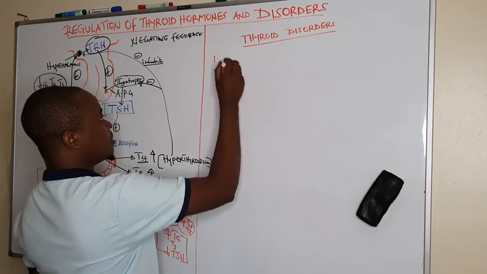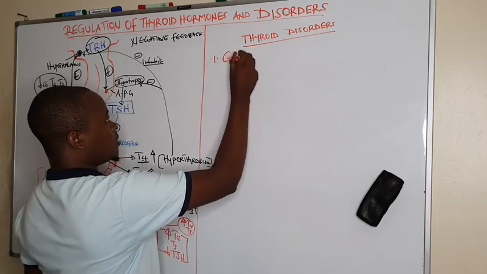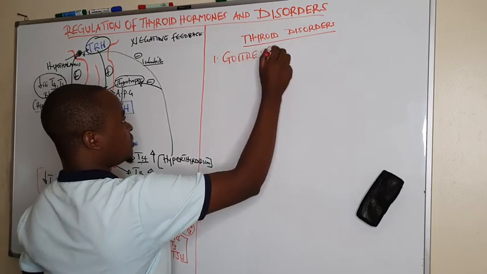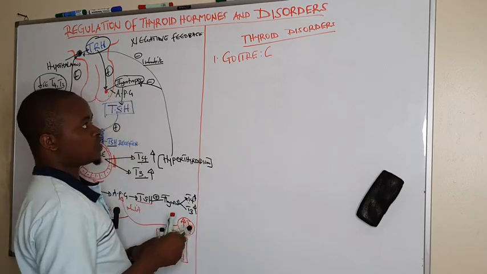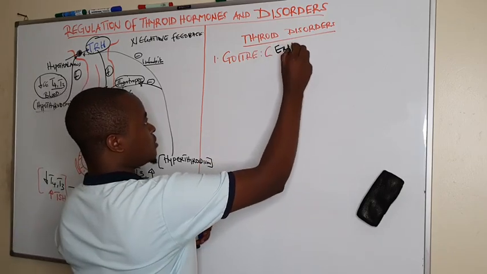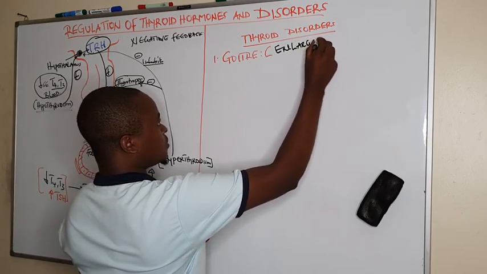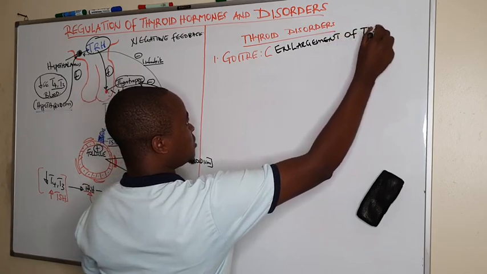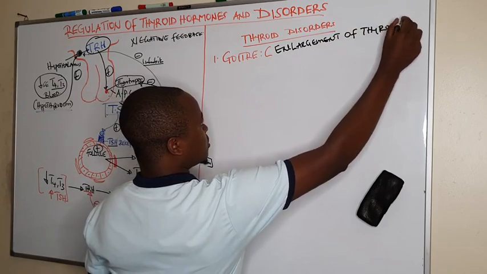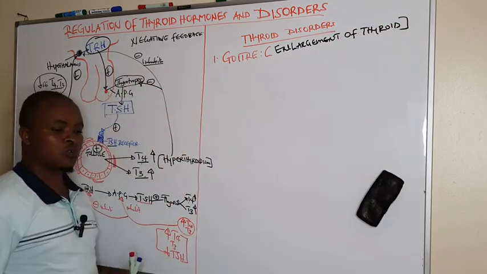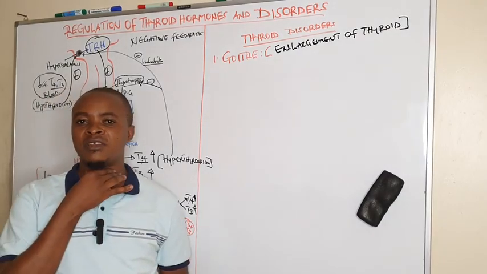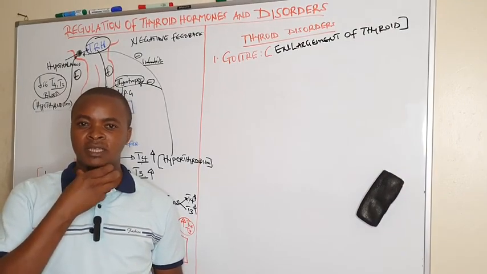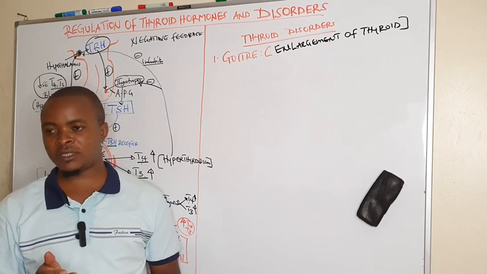That's number one, whereby goiter is an enlargement of the thyroid gland. That is what we call goiter, whereby you find the thyroid gland, which is found in the neck region, anterior to the oesophagus, is enlarged. That is what we are calling goiter.